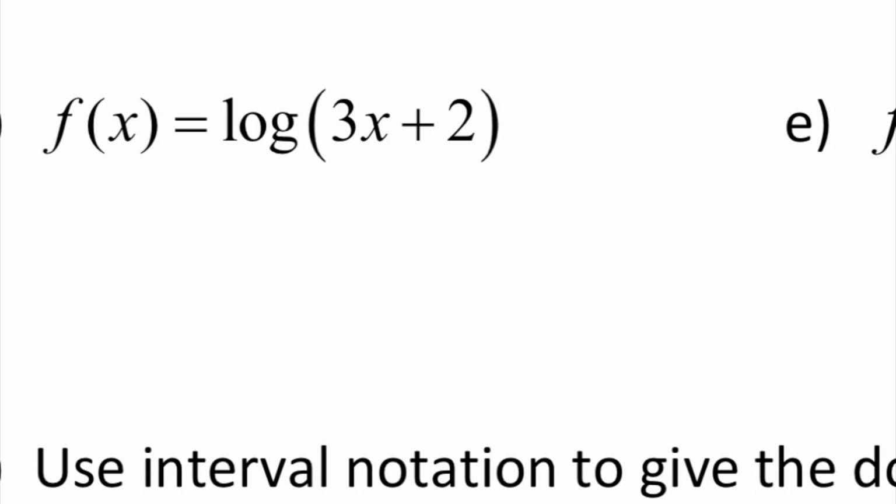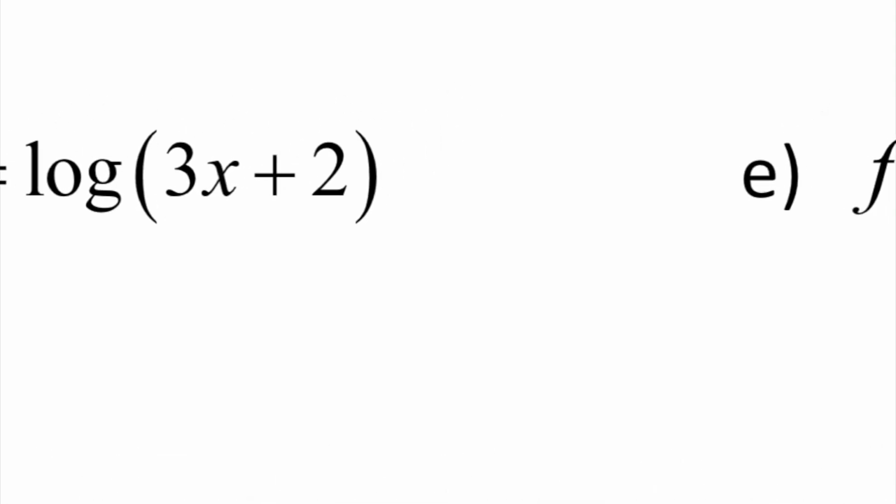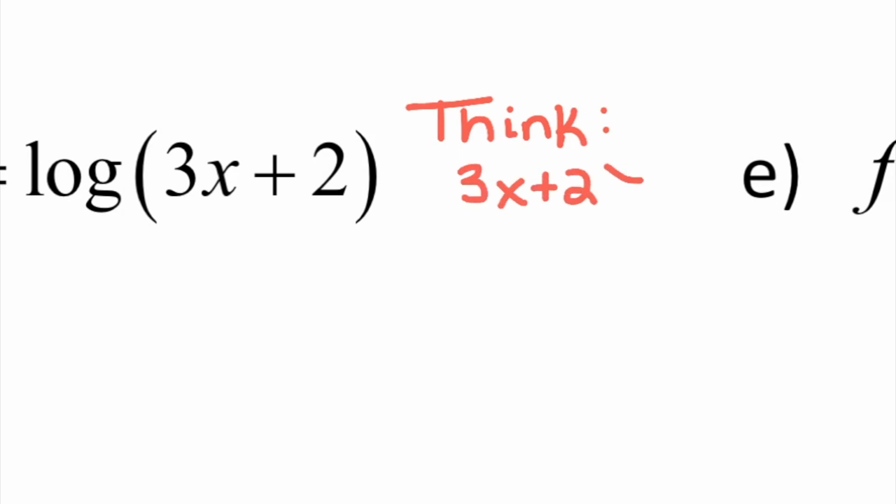In letter D, remember that the numbers that are put into the logarithm have to equal a positive number, so you want 3x plus 2 to be greater than 0 but not equal to 0.